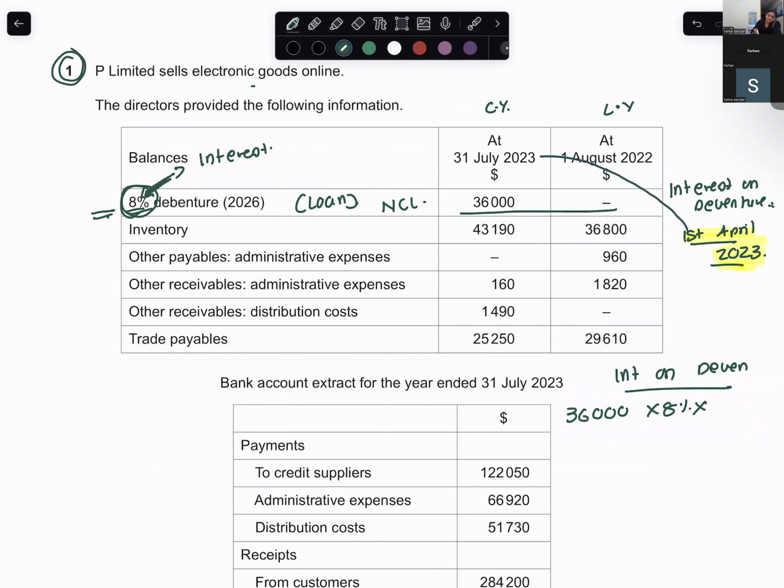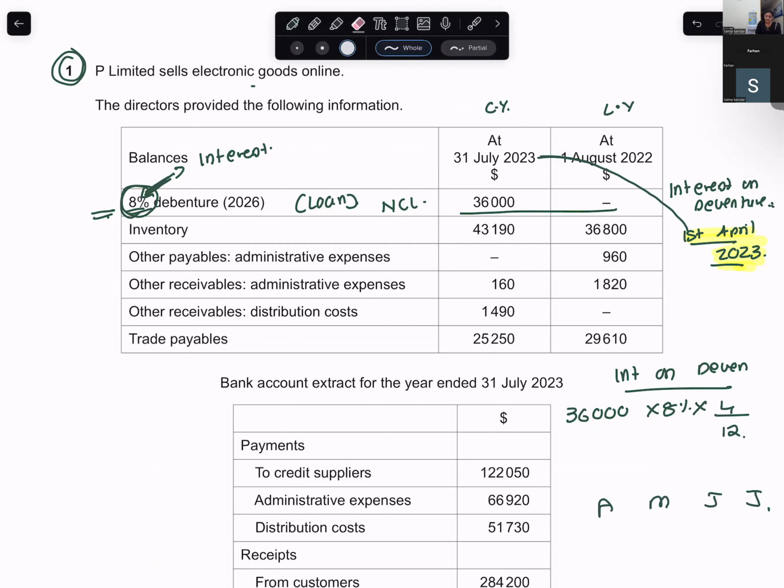So 1st April 2023 till July 2023. April, May, June, July. So 3 months? Again count: April, May, June, July. Oh, 4 months.